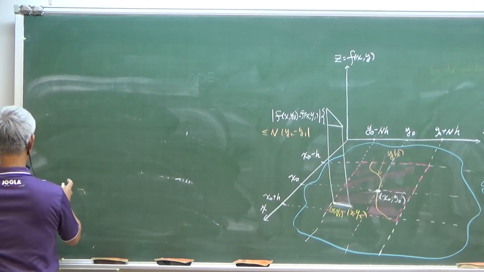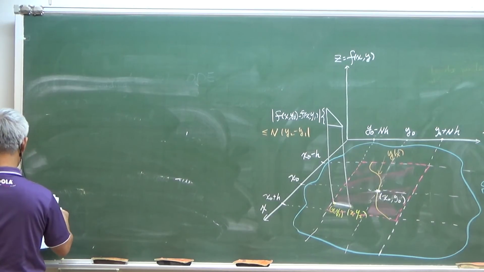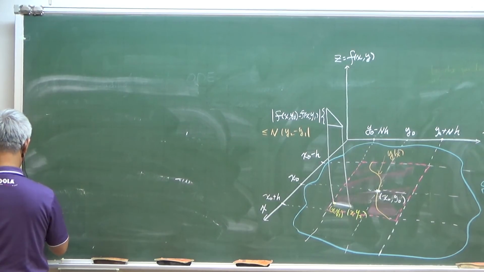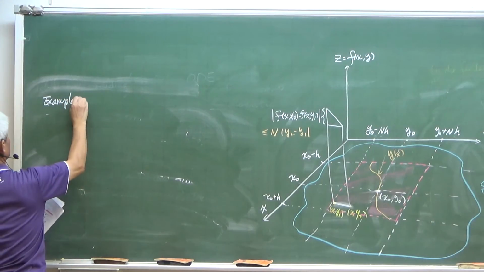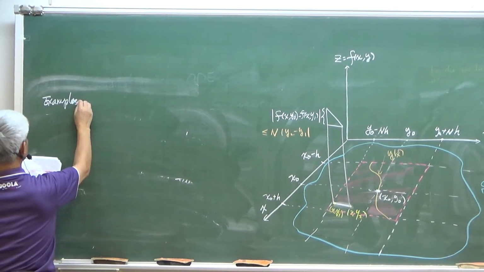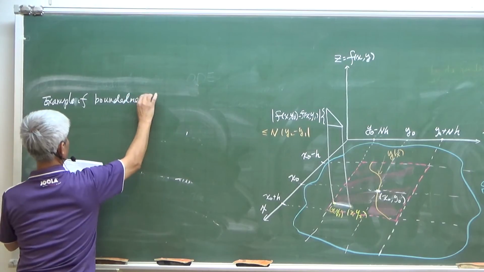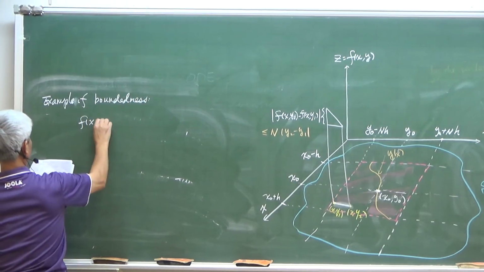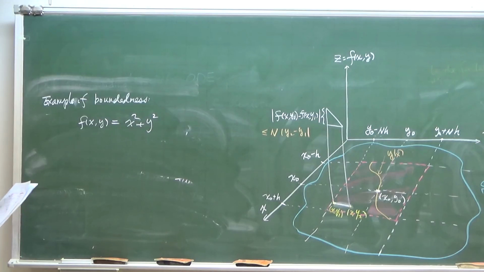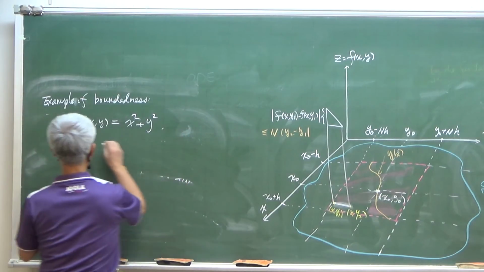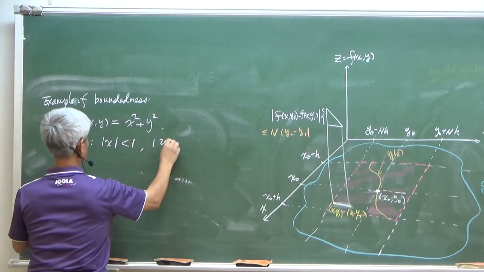So, an example of bounded: f of x, y equal to x squared, and the rectangle is that x less than 1, y less than 1.